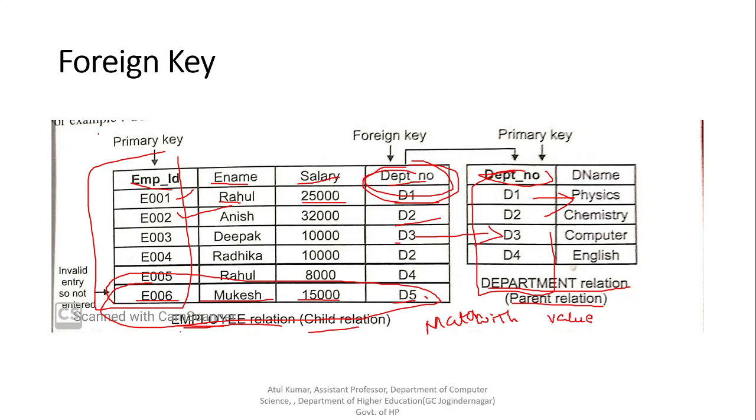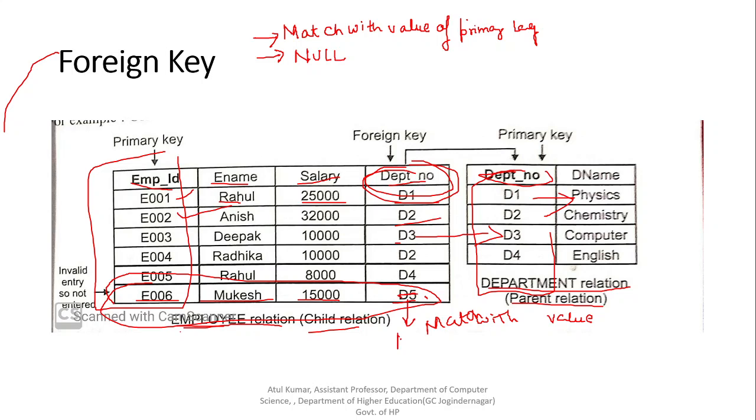I'm writing here: match with values of primary key. Or if it doesn't match, then there is also another condition, which is null. So if instead of D5 we write null here, then this is a valid entry.